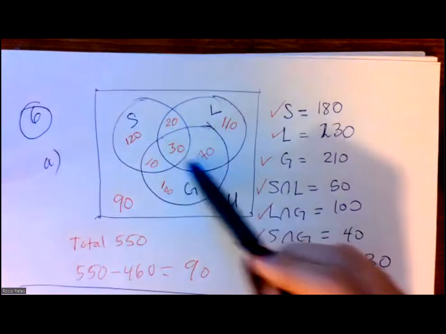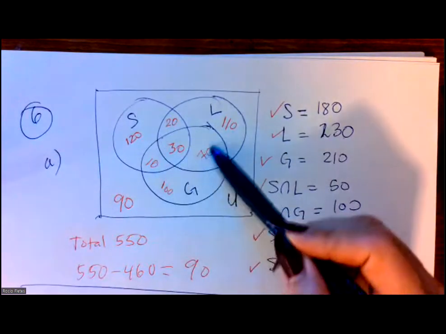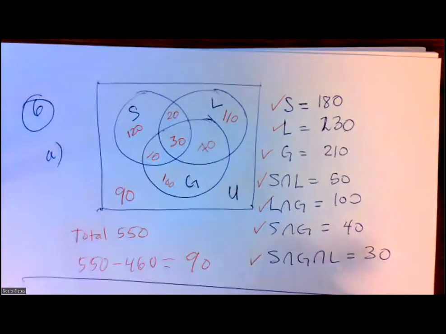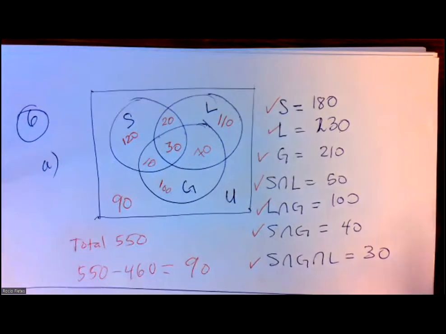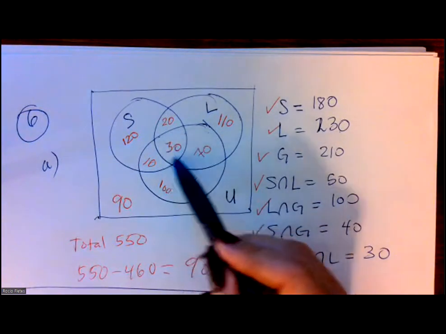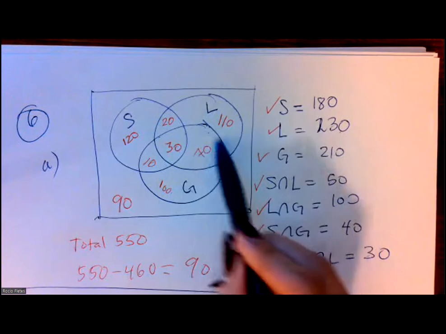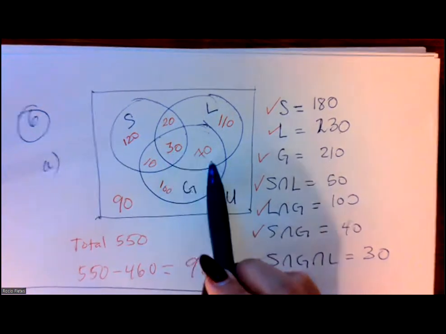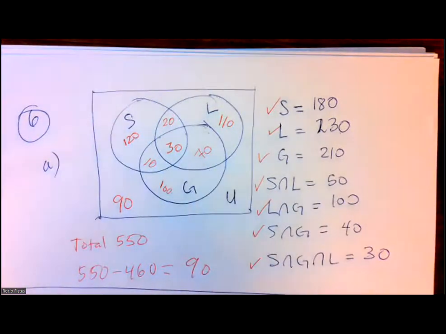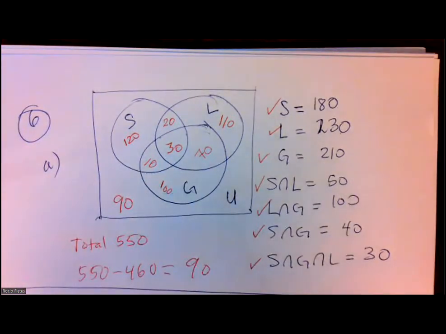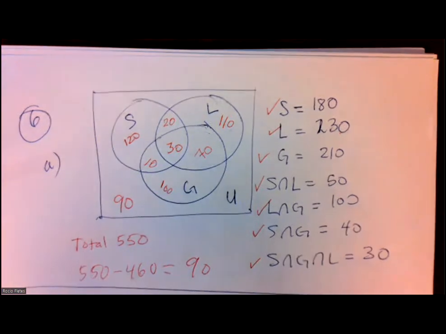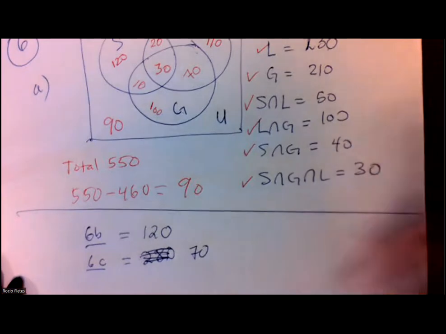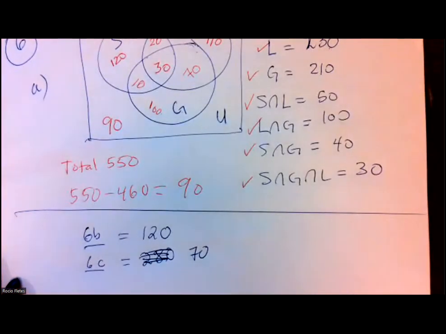We have to be in the overlap, but it says not scholarships, so we have to be outside the scholarships set, so it's gonna be 70. So it's not 280, it's 70. We cannot include the 30 because it says not scholarship, so it's only 70. So 6C is 70.